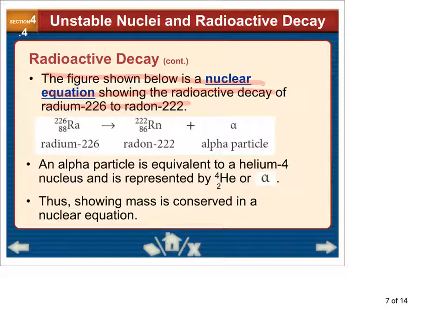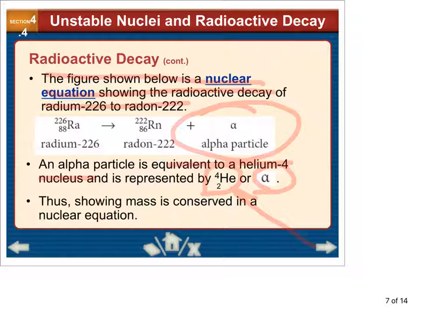Here's one showing the radioactive decay of radium-226 into radon-222, and it emits this alpha particle. It's equivalent to a helium-4 nucleus, so we use this notation or this notation. I prefer this helium notation. It tells us a little more about it than just the Greek letter alpha.